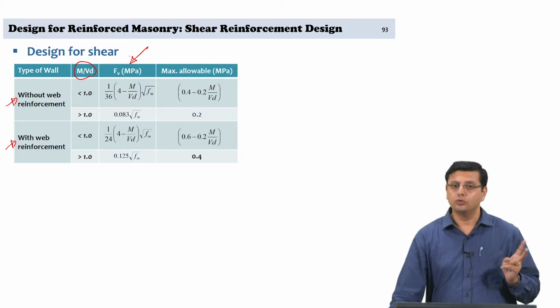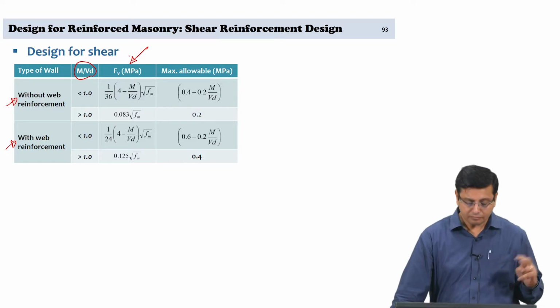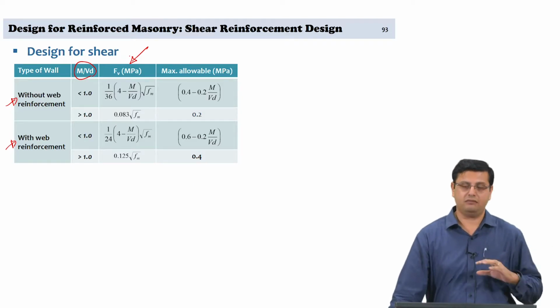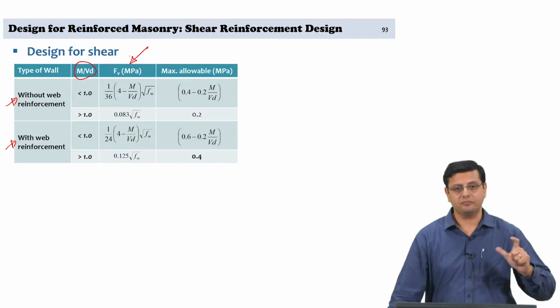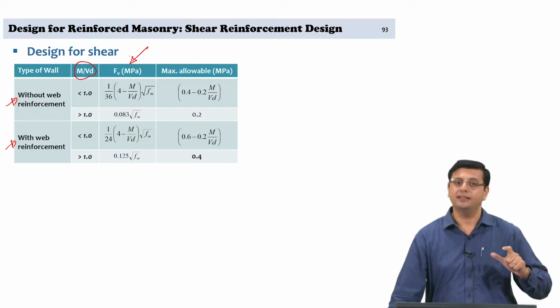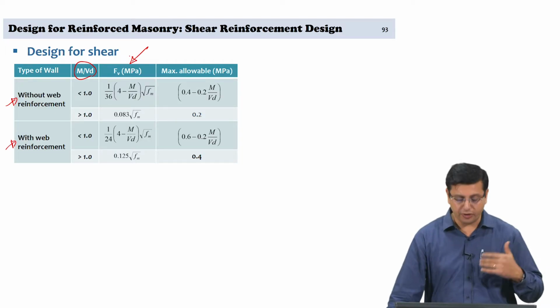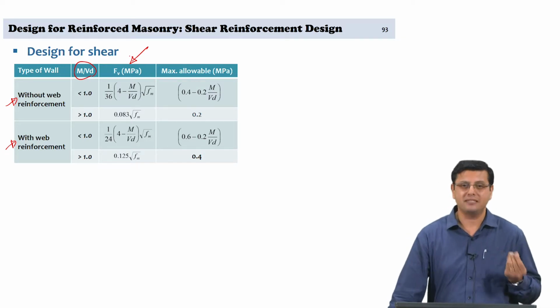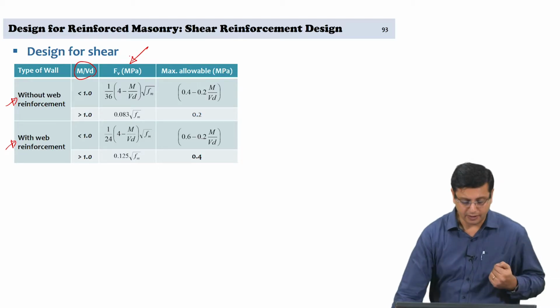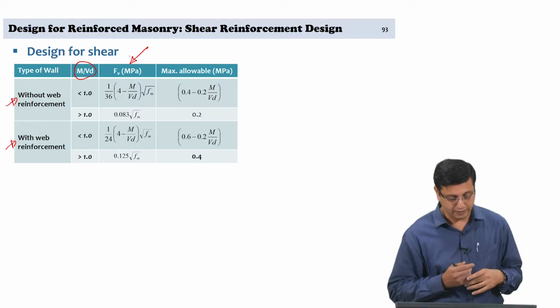So, the two important parameters that govern the shear resistance of the masonry wall are really the aspect ratio, which is also affected by the kind of boundary condition the wall has, and then the masonry strength, here represented as the square root of the compressive strength, which is how the shear strength varies with compressive strength.